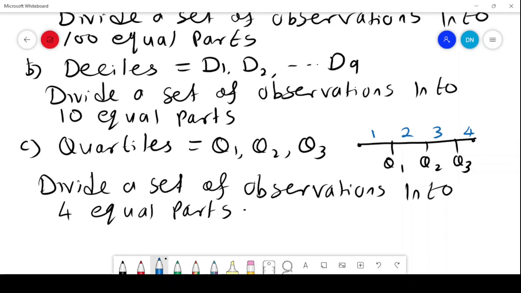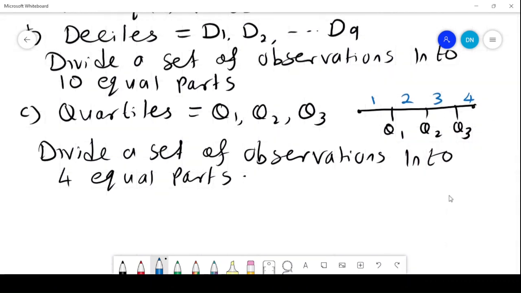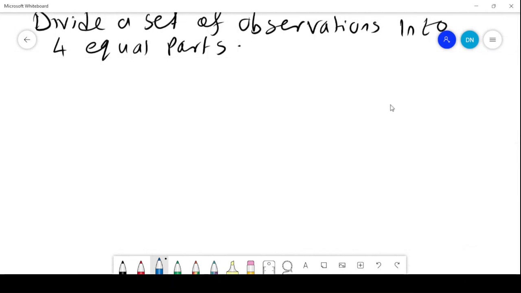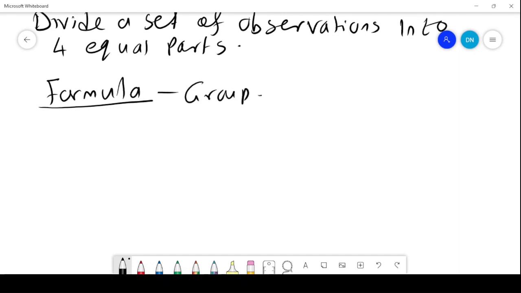So keeping that in mind, we want to go through them by looking at examples, both for grouped data and also ungrouped data. First thing we want to think about is which formula do we use when we are dealing with the percentiles, the deciles, and so forth.